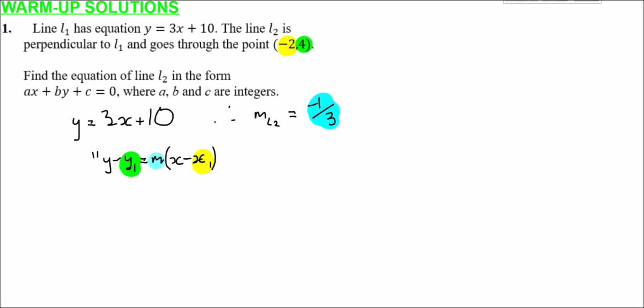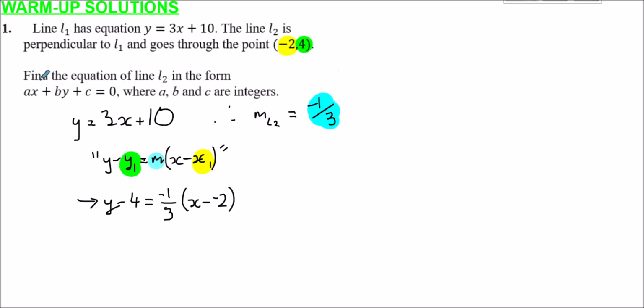So if we just substitute in these values and solve, we're going to get y minus 4 equals minus 1/3 brackets x minus x1, which is minus 2, so it's going to be x minus minus 2.